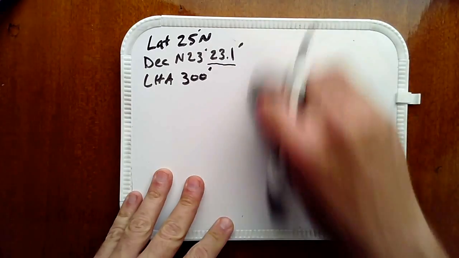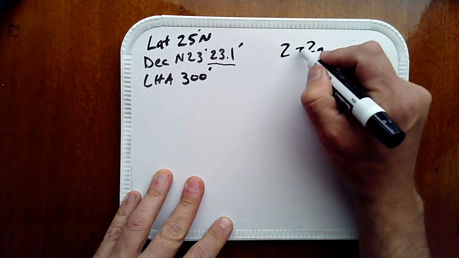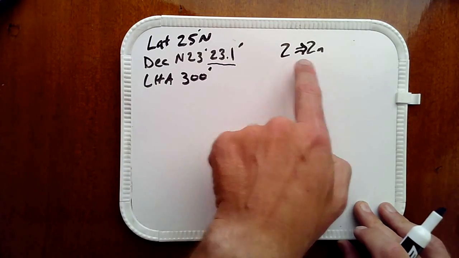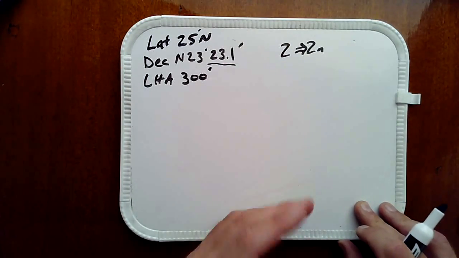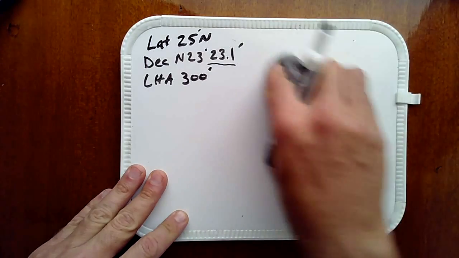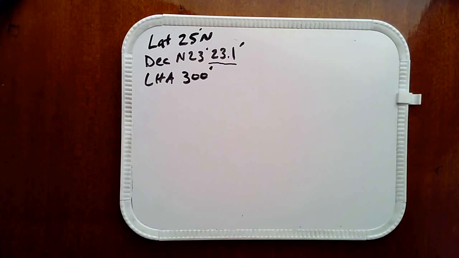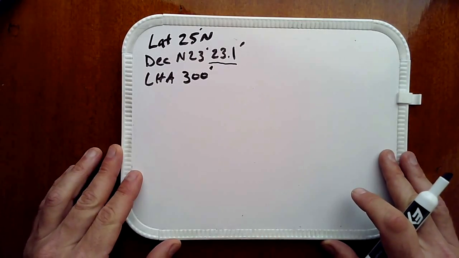We also said at the time that the Z to ZN issue was not sufficiently important to correct for in this case, right? It's never going to be really more than a degree, and for practical celestial navigation purposes, we don't need to account for the declination increment when dealing with the azimuth angle. However, if you want to, this video is going to talk a little bit about how to do that.